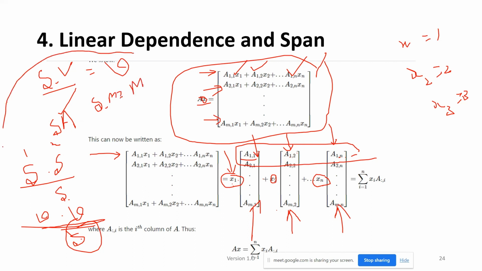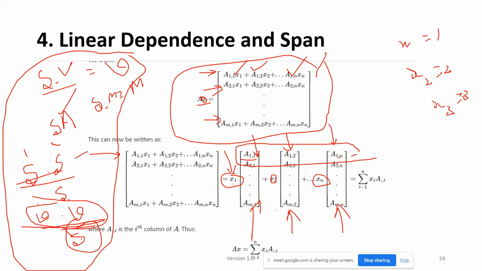You should remember these fundamental things. Scalar and scalar generates a scalar, which is the general common case. Vector and vector multiplication generates a scalar. Matrix and matrix multiplication generates a matrix.